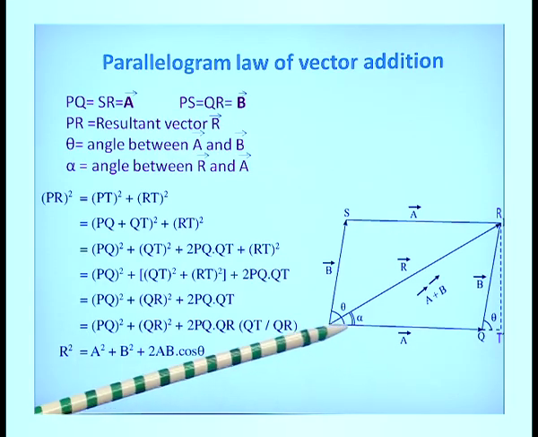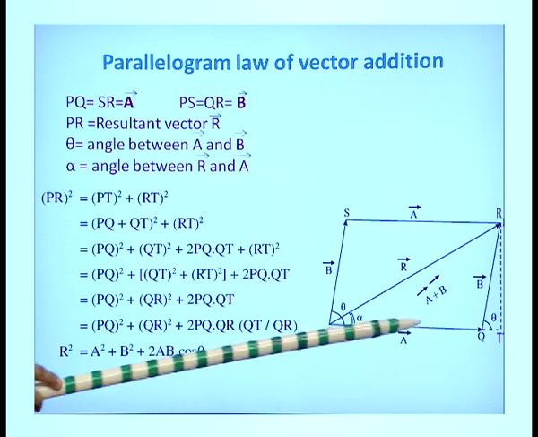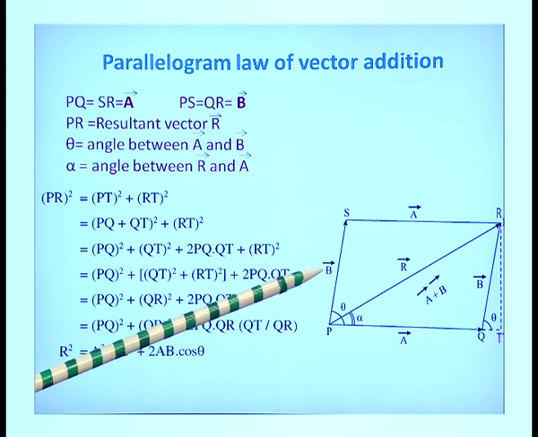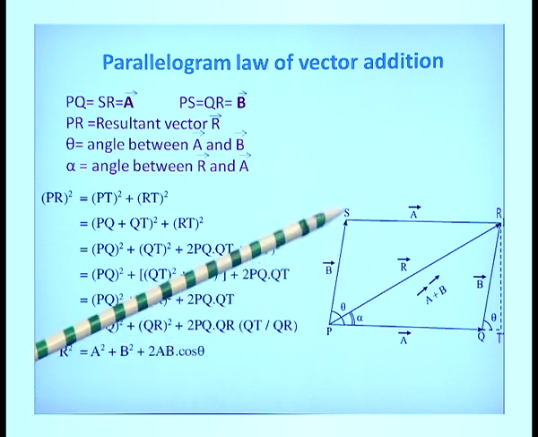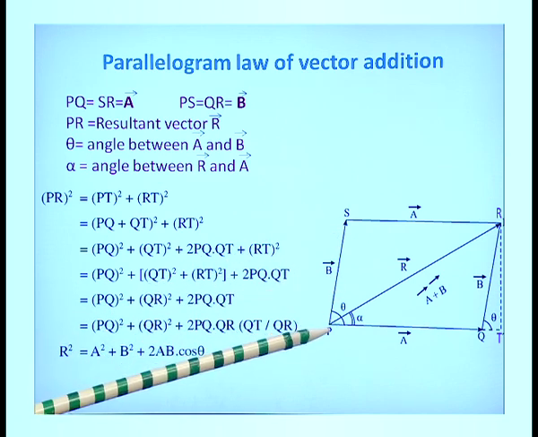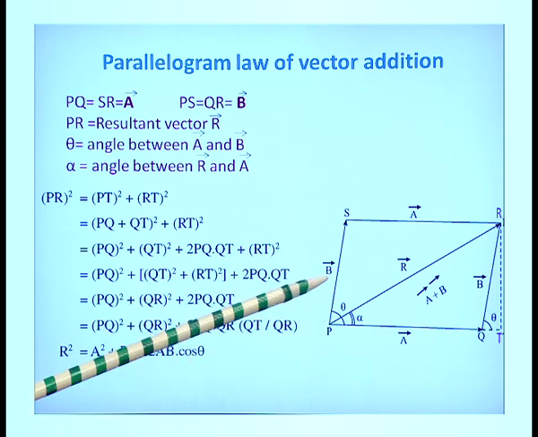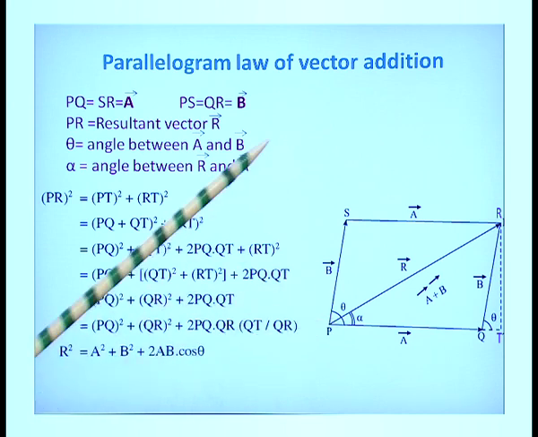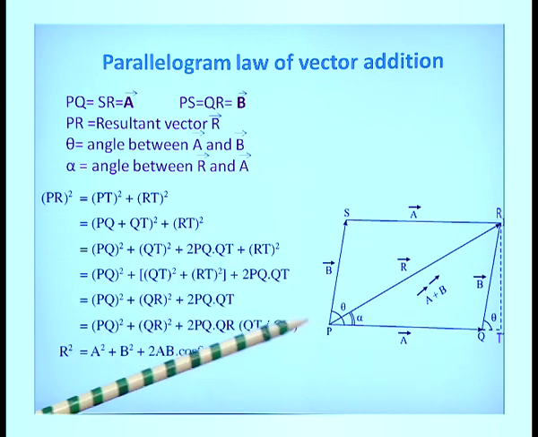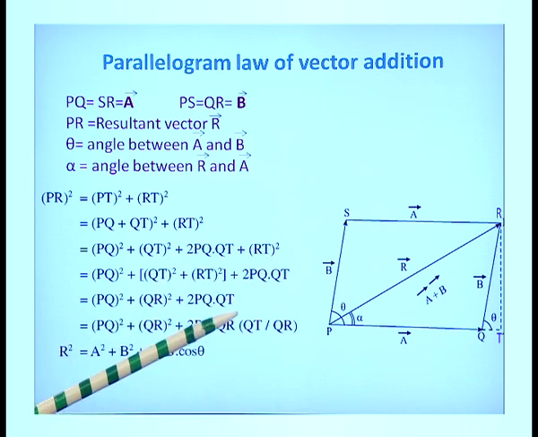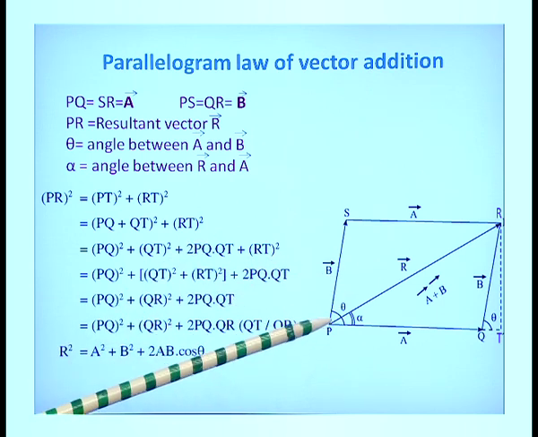You can see on the screen, A is represented by one side of the parallelogram, that is PQ, B is represented by the other side, that is PS, which also starts from the point P. That means A and B are starting from the same point. Then you can find the resultant by the diagonal of the parallelogram which starts from the same point P.